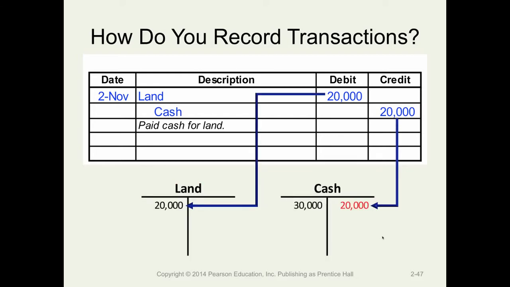And again, it's the same process we had before, so that, once again, this is the general journal. This is the general ledger. The process here is journalizing.